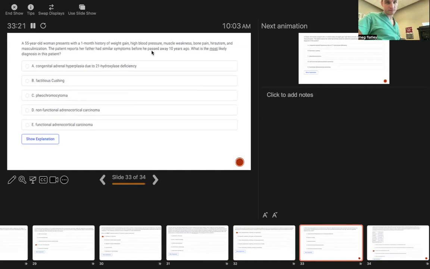A patient presents with hypercortisolism and masculinization. She reports her father had some similar conditions before he passed away. This one's kind of hard too.